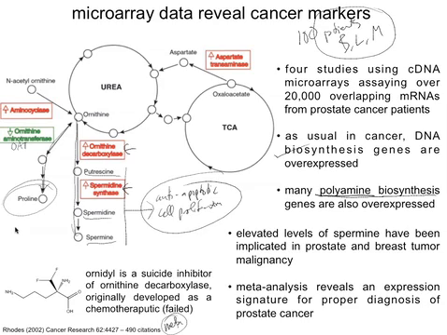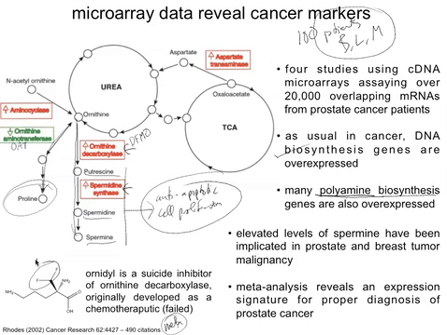Now, interestingly, one of the go-to treatments for prostate cancer is a drug called DFMO. It's a modification. Here it is. Let's see, difluoro. Where's the methyl group? There's difluoro.